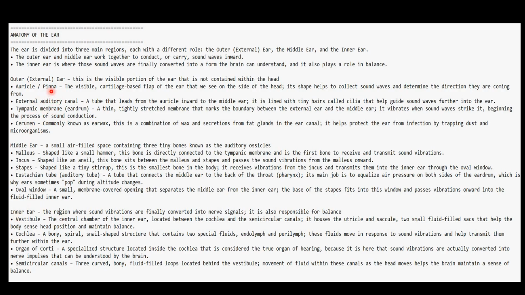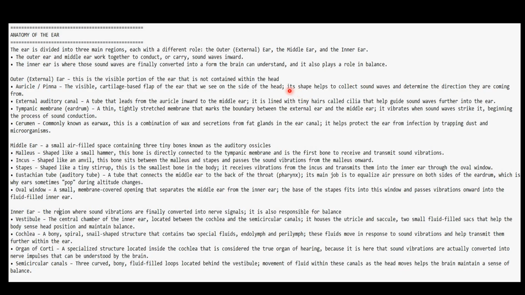Okay, so the outer ear is basically the visible portion of the ear that is not contained within the head. It is an outer portion that we can see. The first thing is the auricle or pinna, which is the visible cartilage-based flap of the ear that we see on the side of the head.